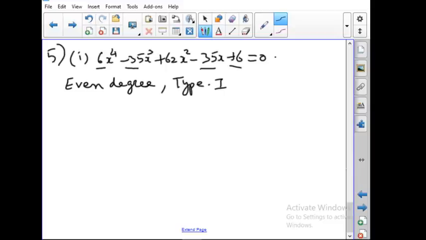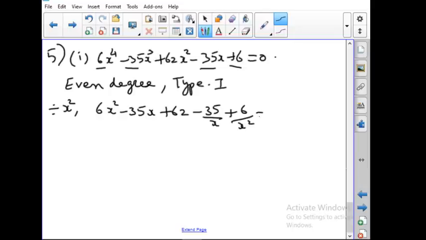So here what we have to do is divide throughout by x square. Dividing throughout by x square we get 6x square minus 35x plus 62 minus 35 by x plus 6 by x square is equal to 0.